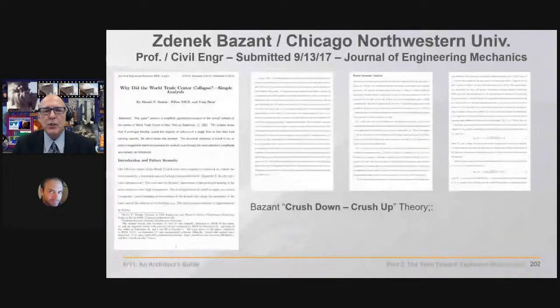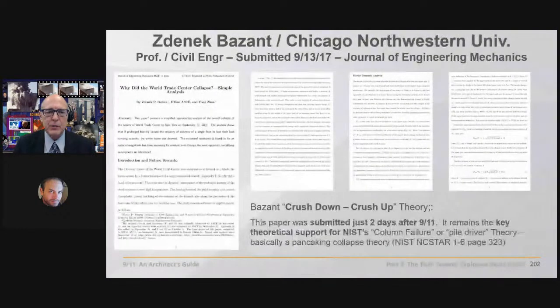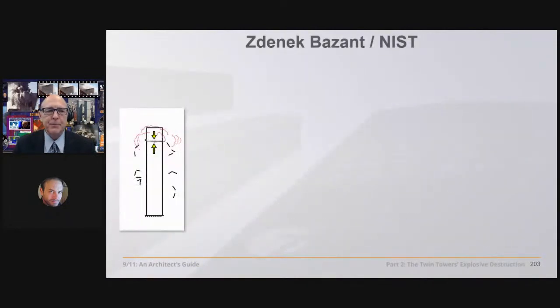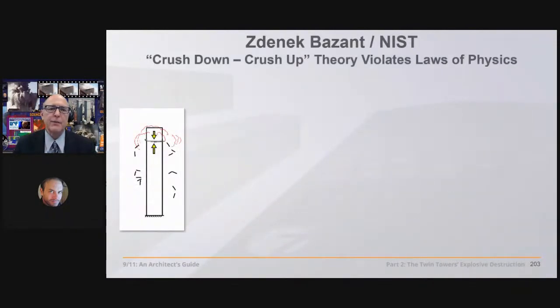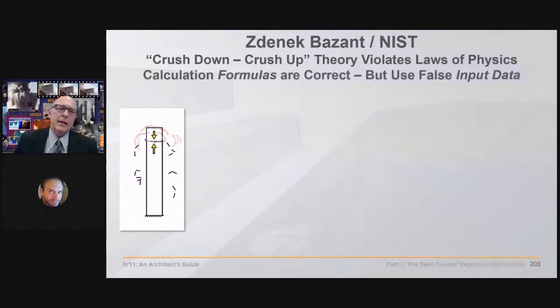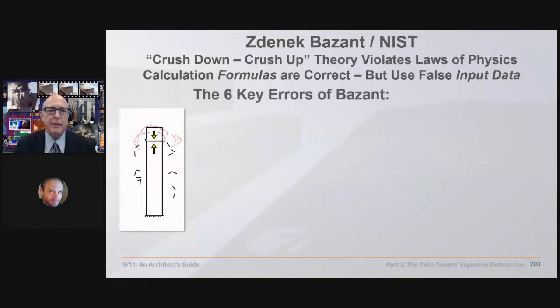It's called the crush down, crush up theory, as we just described. It remains as NIST's key theoretical support for their crush down, crush up theory. Let's look at it though, because there's a few problems here. The formulas are actually correct, but the input values are completely falsified.